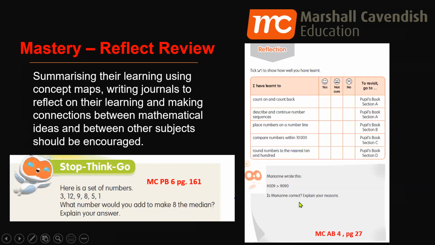The next part is the review. Review is where a child takes ownership of their learning. They take accountability. So for example, they'll say, I have learned I can count on and count back. Do I agree? Not sure, or no, I disagree. And if you disagree, go back to the pupil's book on section A and relearn that part of the topic.